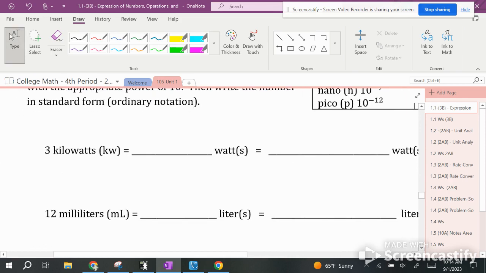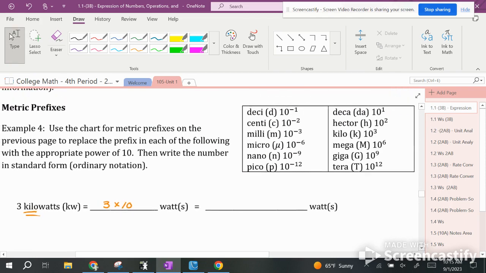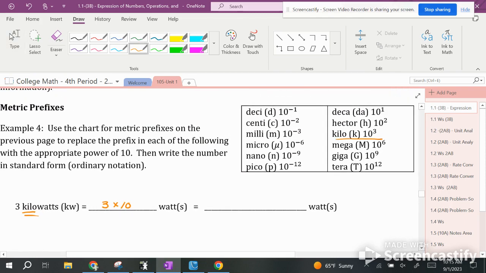Okay, so let's see if we can do some conversions. If they say I got 3 kilowatts, how many watts is that? So what we're going to do is we're basically given a scientific notation. If I have a kilo, I have 3 times 10. Now I would go to my little chart. There's kilo. Right there, right? So I take that and multiply it by 10 to the third.